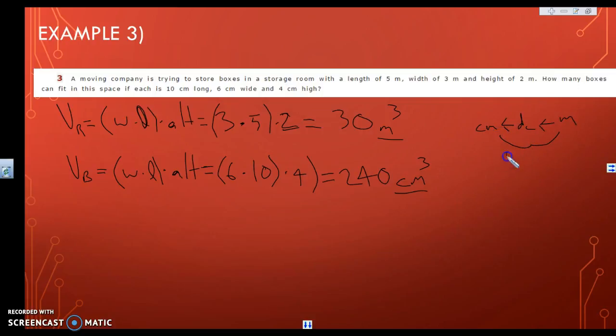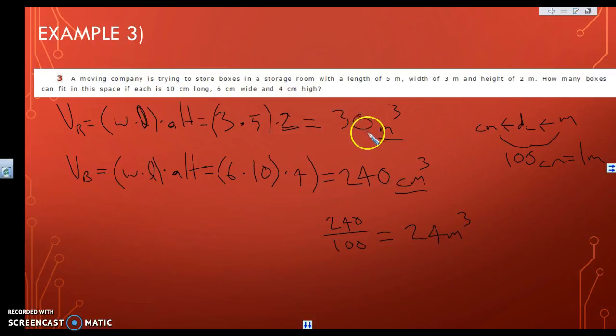That's to say that there are 100 centimeters in a single meter. So what we could do is convert the box in terms of meters. In order to do that, we would do 240 divided by 100, which gives us 2.4 meters cubed. So 240 centimeters cubed converts to 2.4 meters cubed.